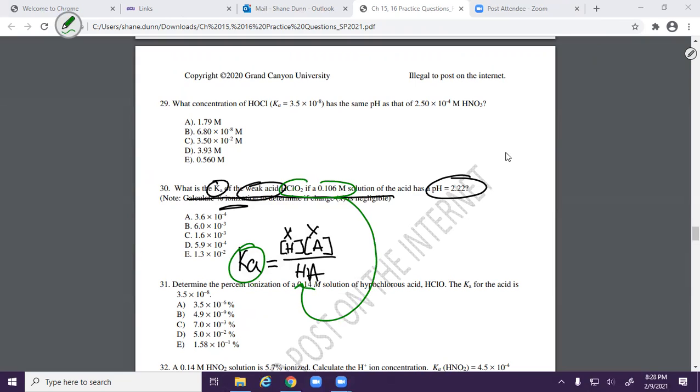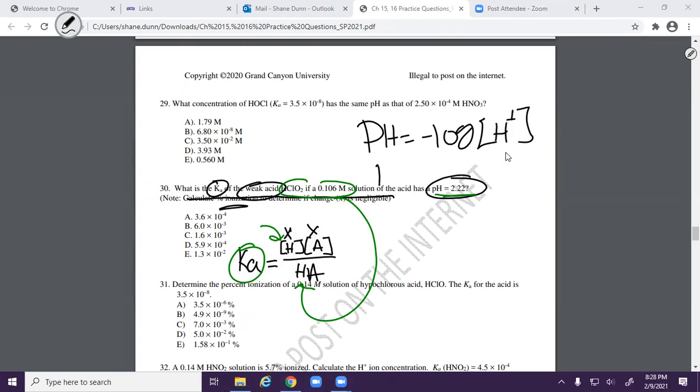It's right there. How do I find the concentration of my hydrogen? There are multiple ways of doing it. What's the easiest way? I already gave you the pH. How do I go from pH to hydrogen? Negative log. Remember, pH is equal to the negative log of H plus.